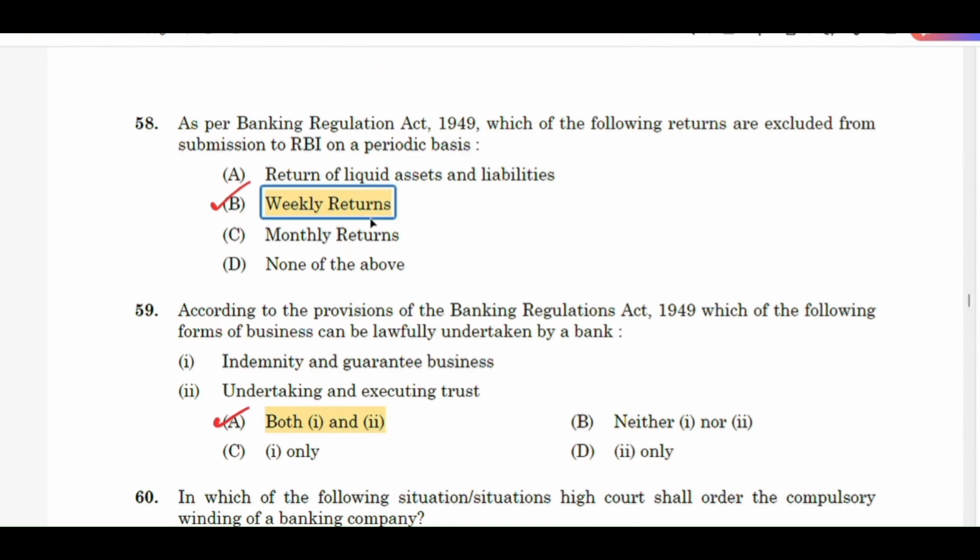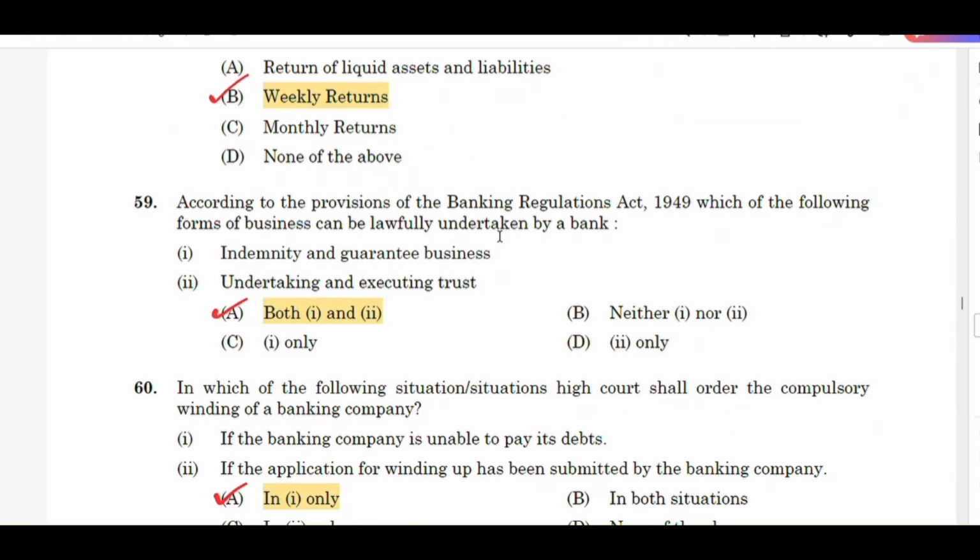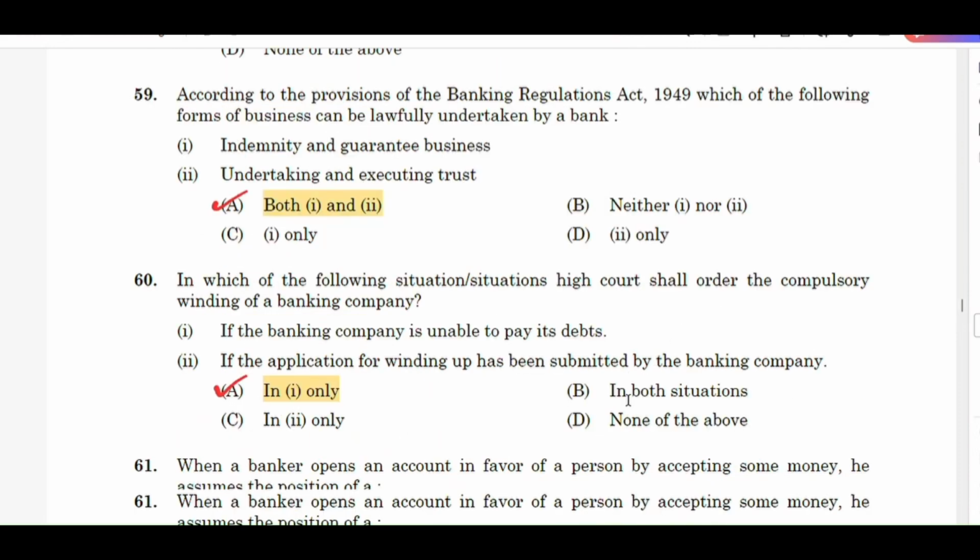Answer is option B, weekly return. According to the provisions of Banking Regulations Act 1949, which of the following forms of business can be lawfully undertaken by a bank? Answer is option A, both 1 and 2. Indemnity and guarantee business, undertaking and executing trust.